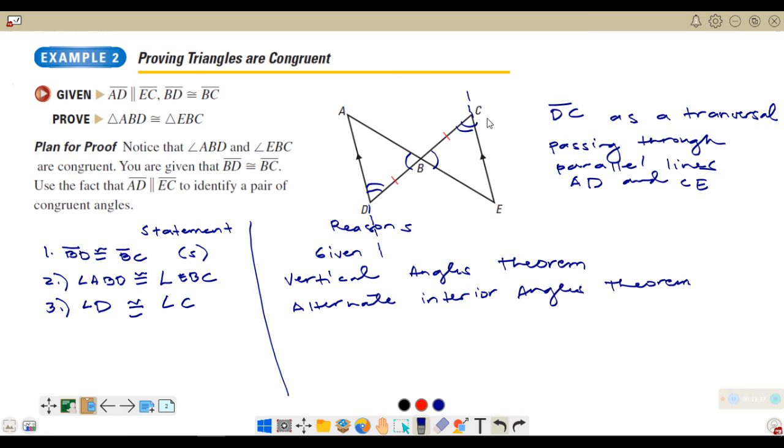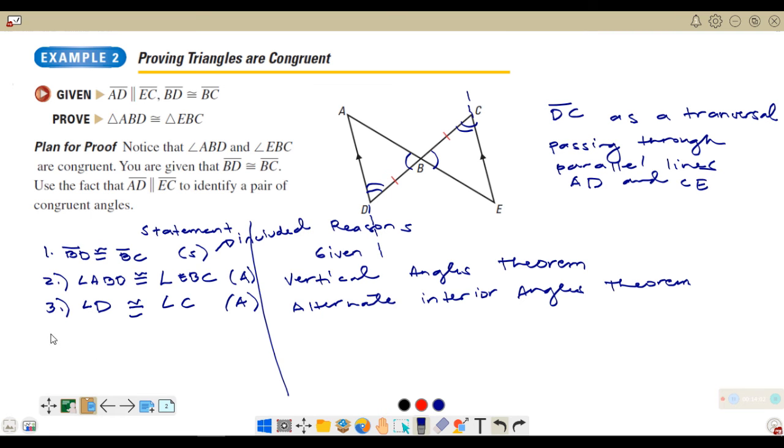And when you extend this, another interior angle is D, and they are from different sides of the transversal. So this is another angle. What about S? Is it included or non-included? This is included. So this is an included angle.